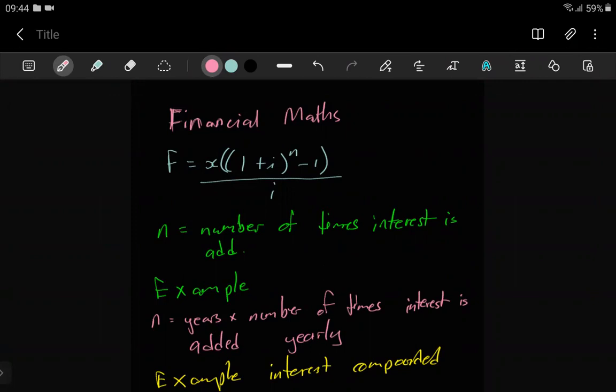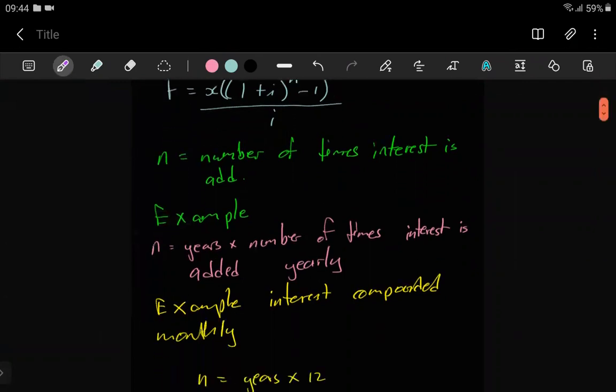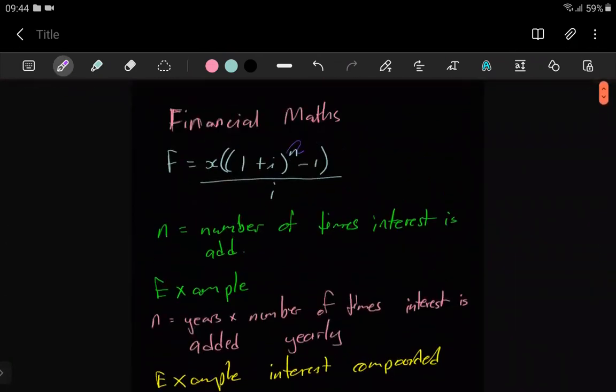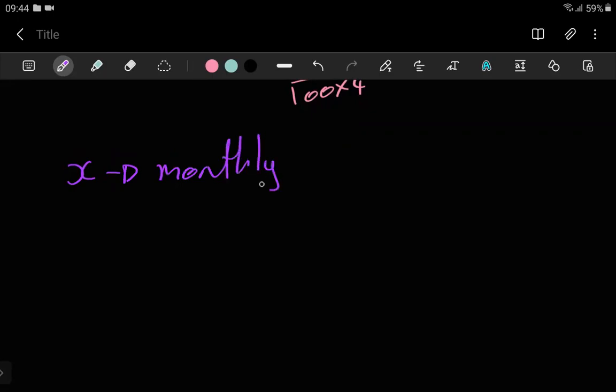So with that being said, before we even move on, we mentioned what N is, we mentioned what I is. So obviously we have to mention what X is. So X is the installment. Since this is grade 12, this is what's new.